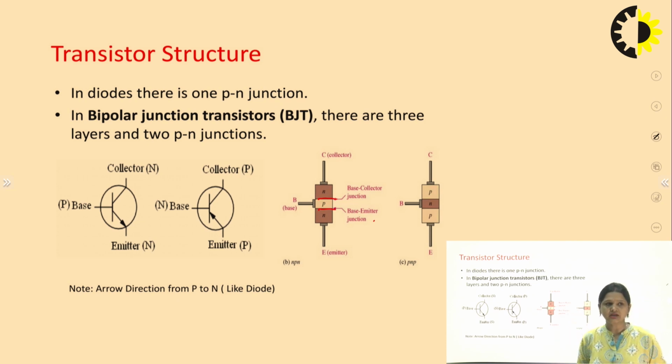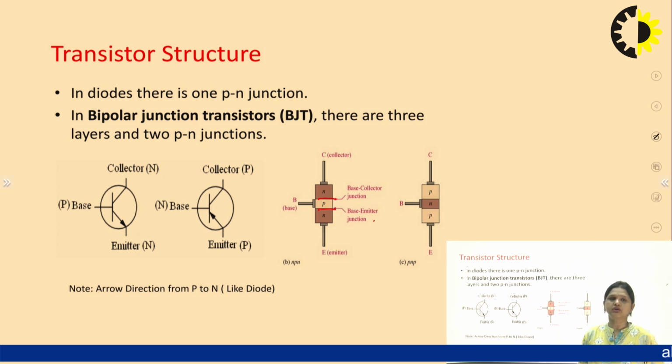So basically a BJT is a combination of two back-to-back connected diodes, but we cannot achieve the property of a BJT just by connecting two diodes back-to-back. At the construction level, we have to design these N, P, N regions, and accordingly we can bias the device and get the different operations of the transistor.